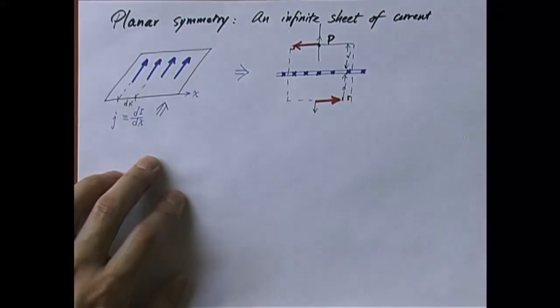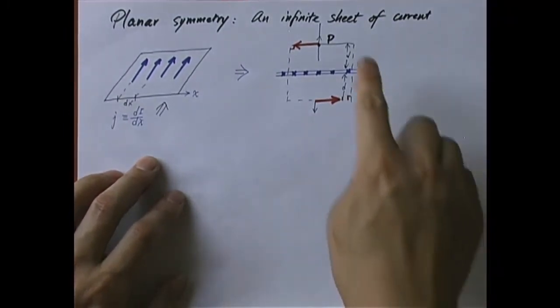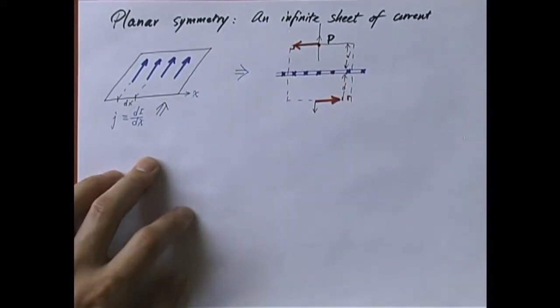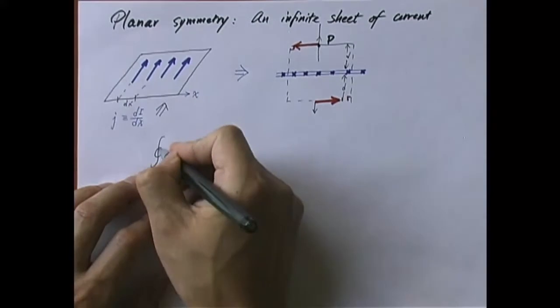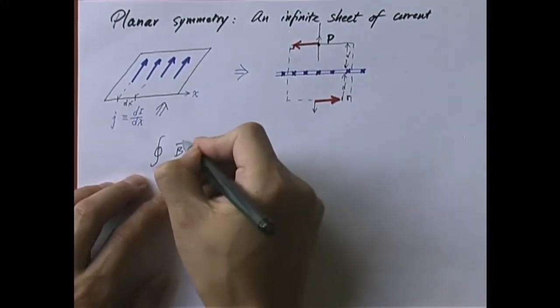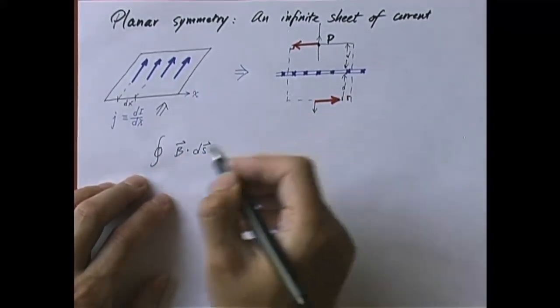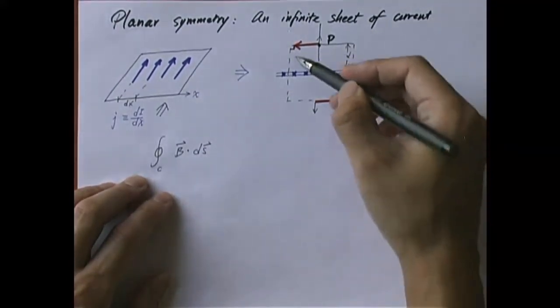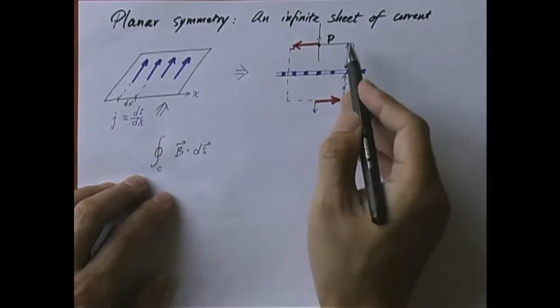Now that makes things really simple. Suppose the length from here to there is L, and from here to there is also L. After all, this is a rectangle. Then I can write B dot ds for the contour 1, 2, 3, 4. Forget about 2 and 4, only 1 and 3.